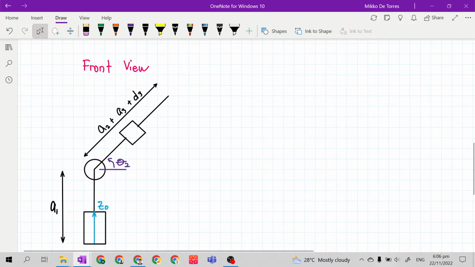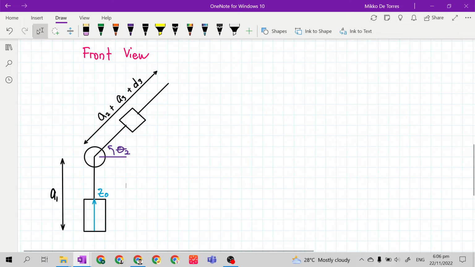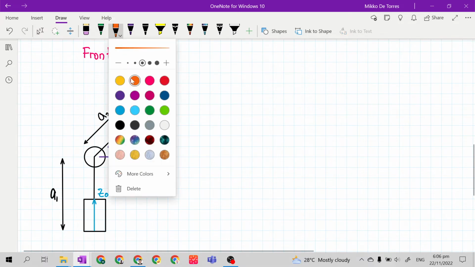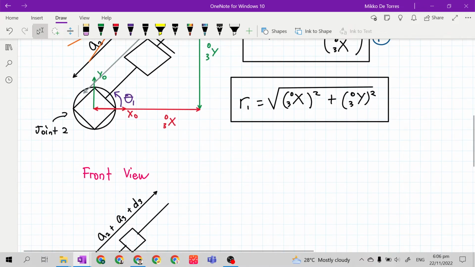At the front view, let's analyze it. At front view, we can only see the Z0 axis as well as the X sub 0 axis.